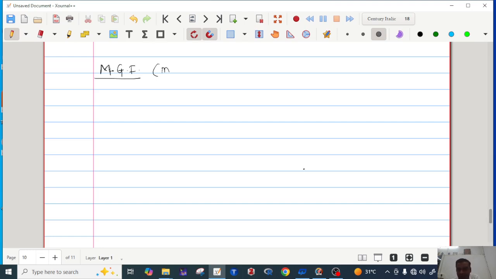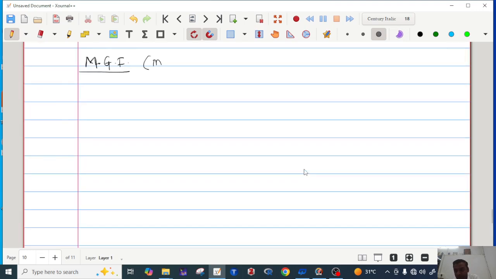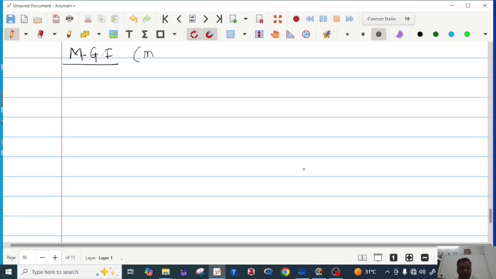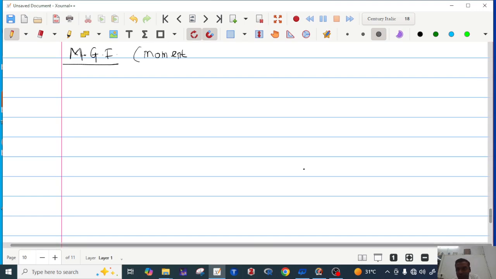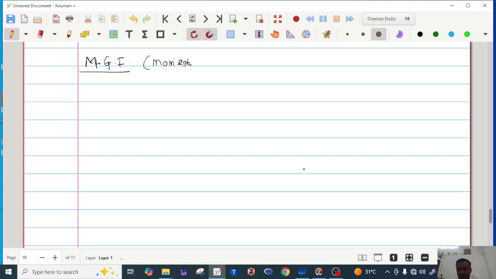As its name suggests, the purpose of this function, the moment generating function, is that it helps to generate the moments of any random variable.